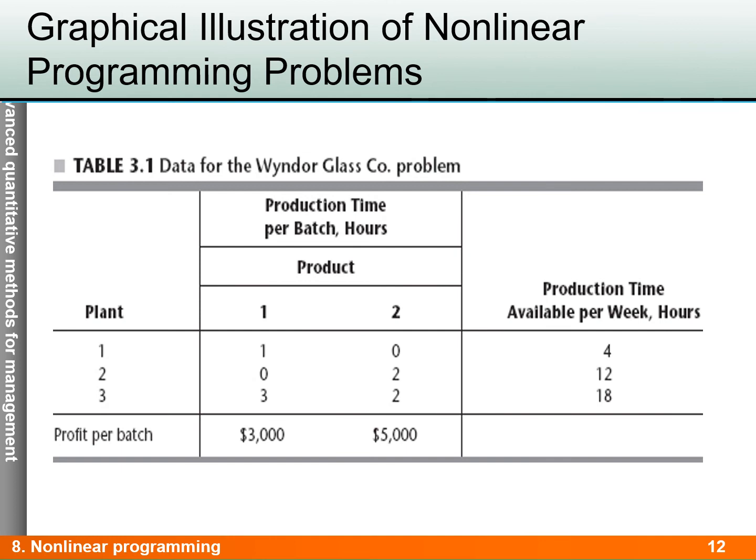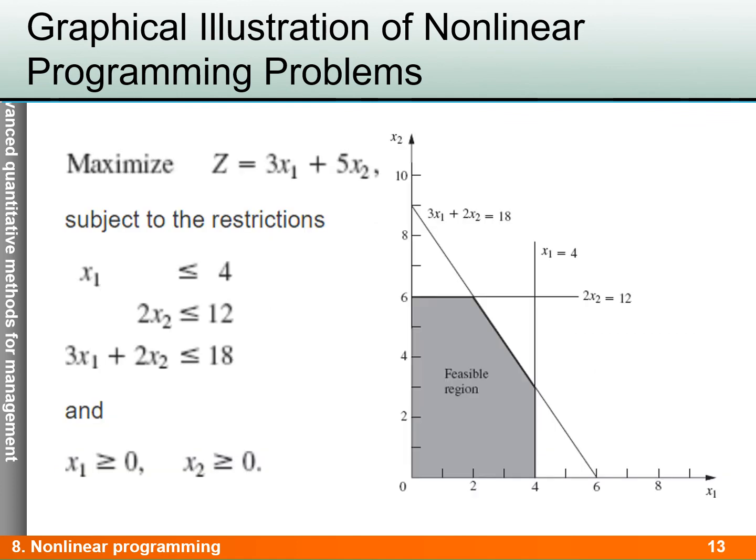Let's review the next slide to find answers to some of our questions and doubts. If I write my problem in a linear form, it is exactly the translation of our table.